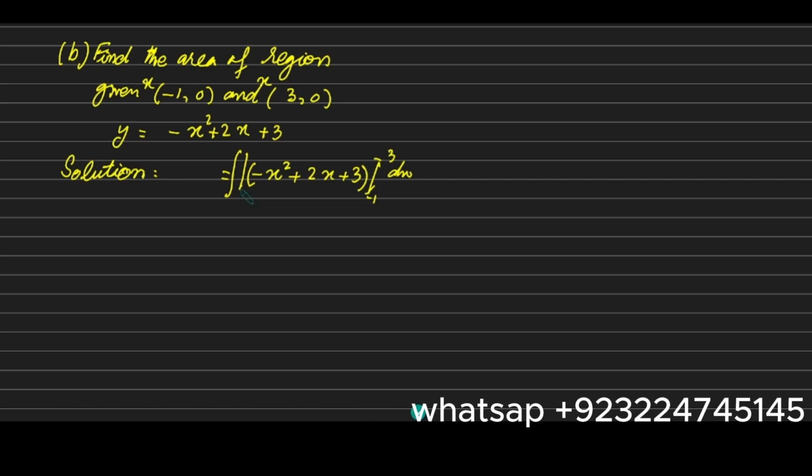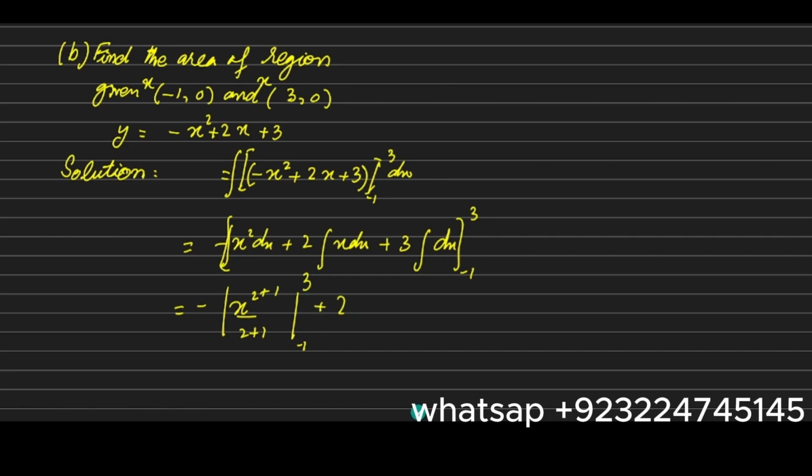When we solve it, we get minus x squared dx plus 2 times x dx plus 3 times dx, with limits minus 1 to 3. Integrating, we get minus x to the power 2 plus 1 over 2 plus 1, with limits minus 1 to 3, plus 2 times x to the power 1 plus 1 over 1 plus 1, with limits minus 1 to 3, plus 3.